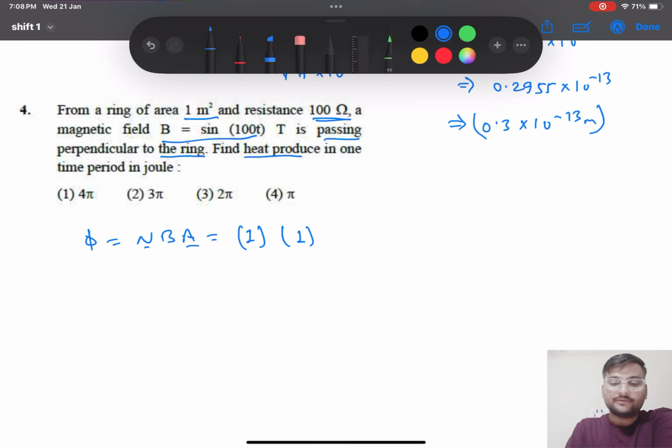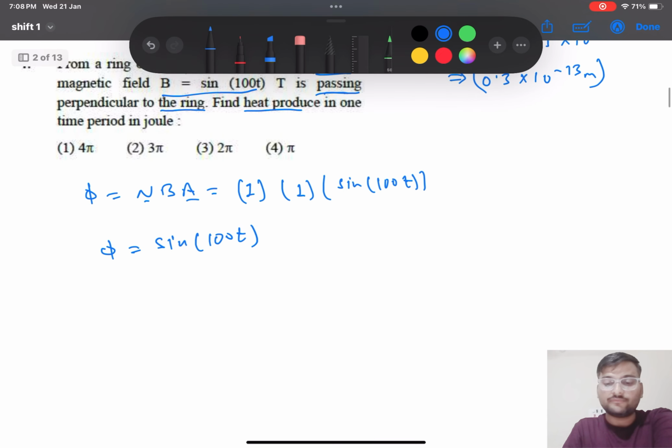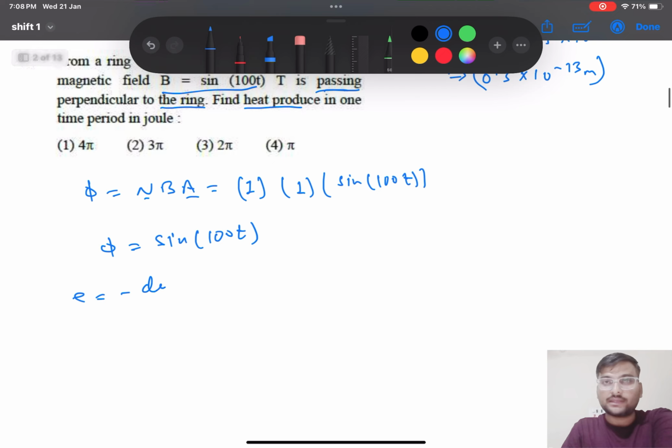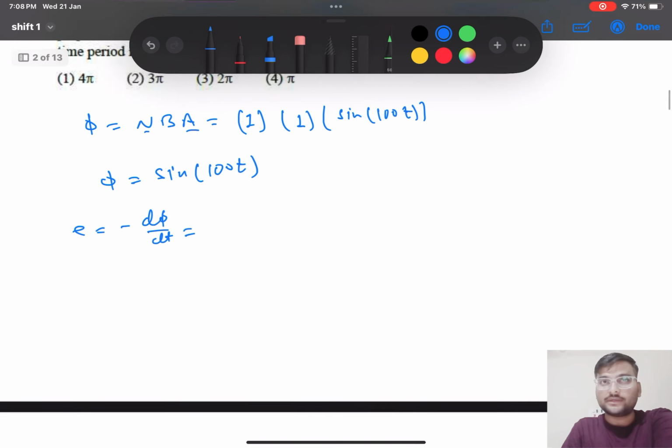Now we know that phi is NBA. The area is 1, B is sin 100 t, and we take approximately n equal to 1 turn. So phi will become sin 100 t. Now EMF is equal to minus d phi by dt.